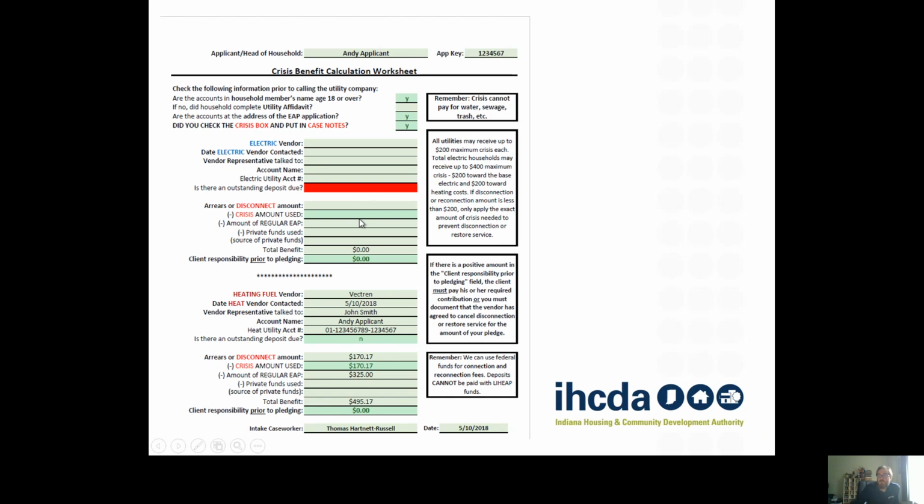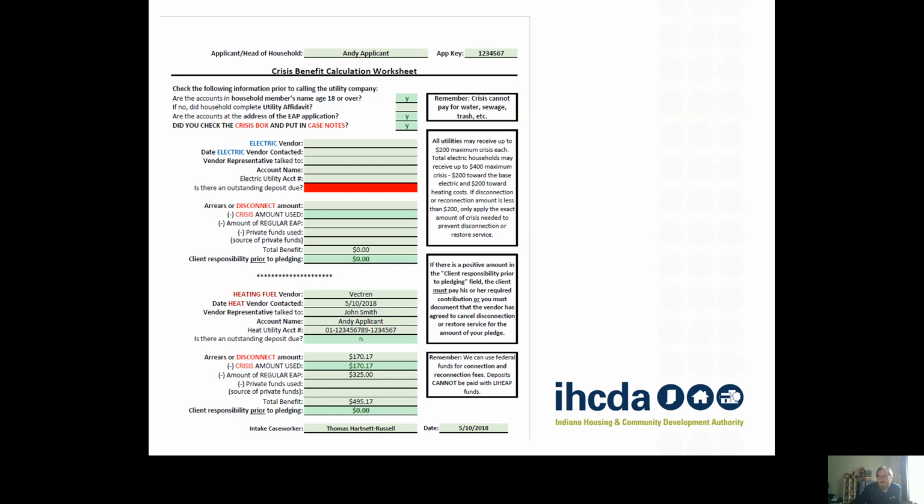As you can see, there's some conditional formatting in there to show when something is being done that is required, when something is not being done that is required, or if someone is trying to give too much crisis, or if the amount of crisis being used is not going to mitigate the disconnection.